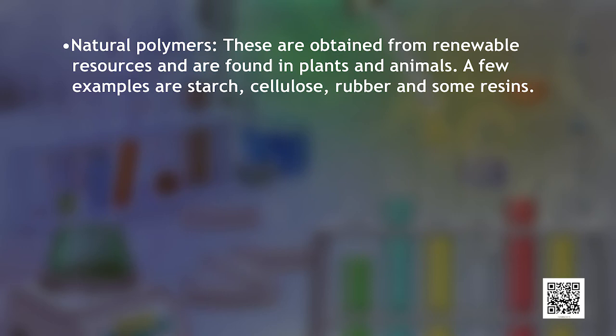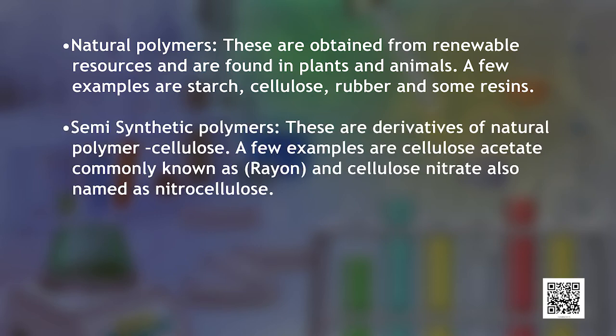A few examples are starch, cellulose, rubber and some resins. While semi-synthetic polymers are derivatives of the natural polymer, cellulose. A few examples are cellulose acetate, which is commonly known as rayon, and cellulose nitrate, which is also called nitrocellulose.